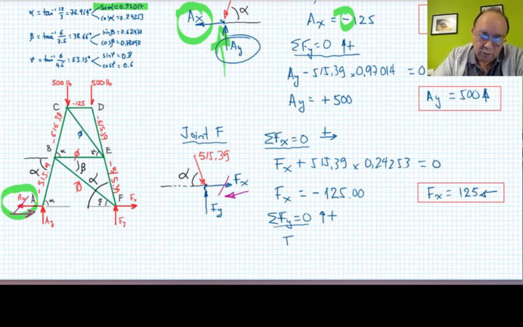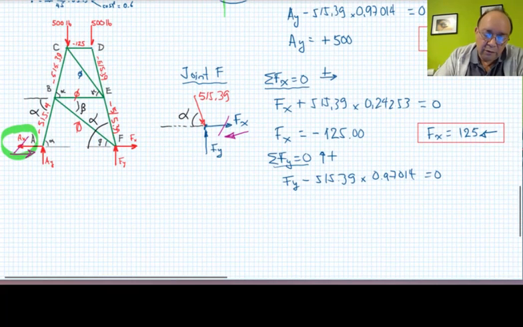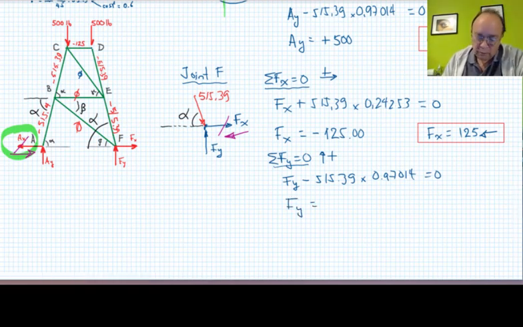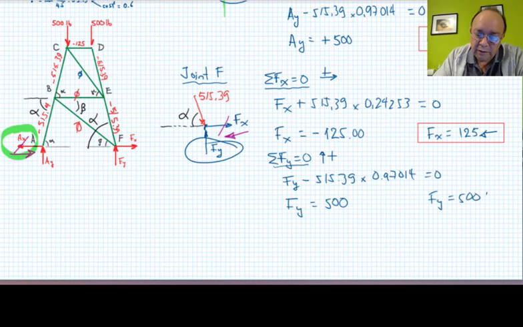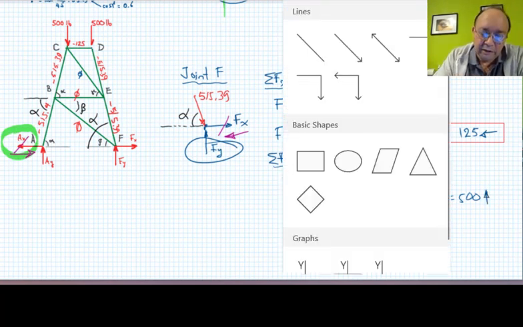So Fy minus 515.39 times 0.97014 equals 0. Therefore, Fy equals 500 positive. Means that the force was correct in this direction going up. So Fy equals 500 going up. And that's how you write that answer.